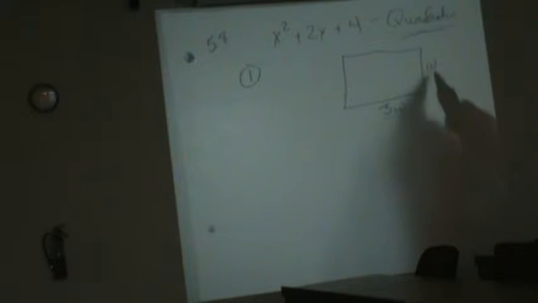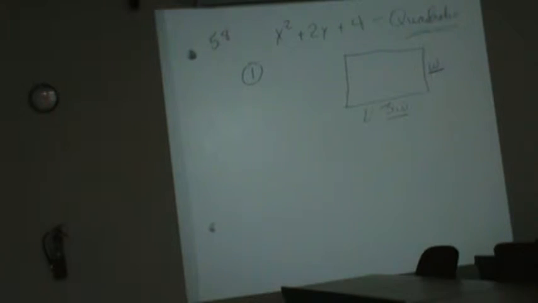The picture in the book shows you the W and the 3W, because the words tell you the rectangular painting is 3 times as long as it is wide. So here's your width, and the length is 3 times as long as it is wide. They already wrote that for you, but you need to be able to do that if it's not there.